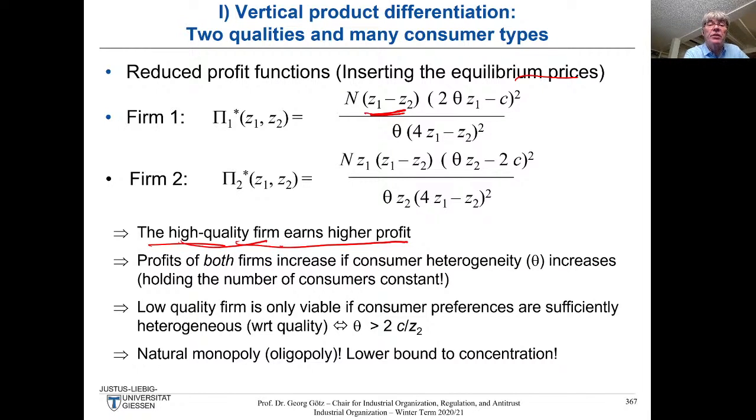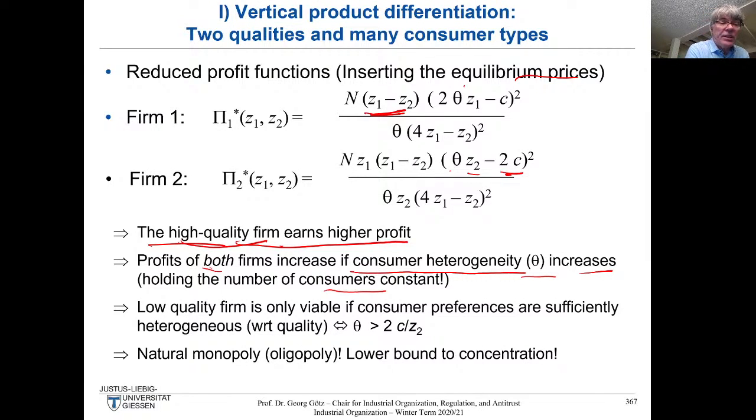You just compare this 2 theta Z1 minus C, which is larger than this theta times Z2 minus 2C, what is obvious. And profit of both firms increases if consumer heterogeneity increases, holding the number of consumers constant. So if you increase theta, that's a good thing, because first of all, the willingness to pay for quality increases, and at the same time, you get more space for, in a sense, vertical product differentiation.